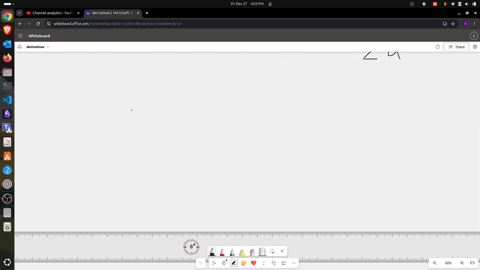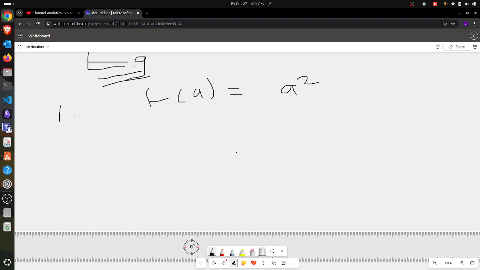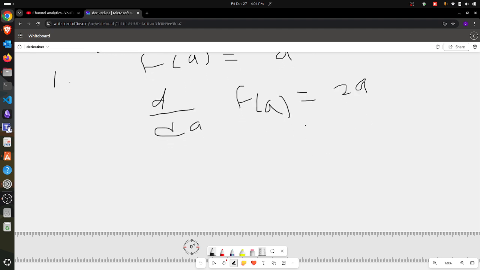Let's explore this concept with examples. In the first example, let's assume f of a is equal to a squared. Now d by dA of f of a is going to be 2a, just by the definition from the textbook.